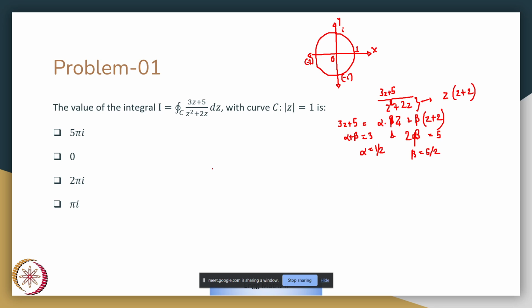Therefore, my integral would look like the integral over C of (3z plus 5) upon (z square plus 2z).